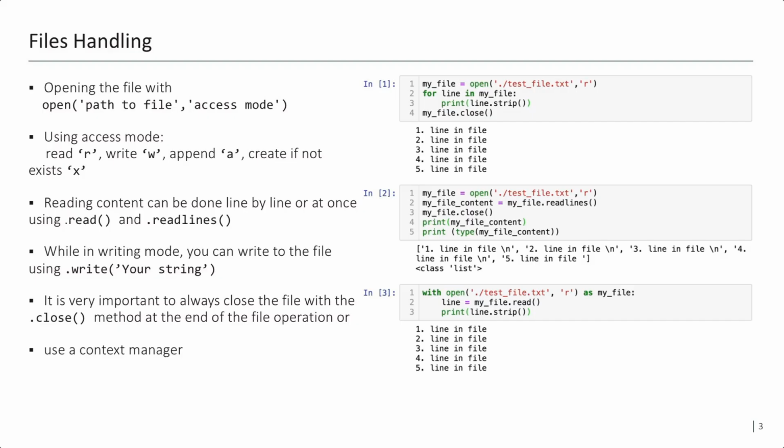In rows number 4 and 5, the content is printed out. In input cell number 3, another approach is shown using a context manager. You can open a file within a context as it's shown. Then again, you have the possibility to access the file in different modes.